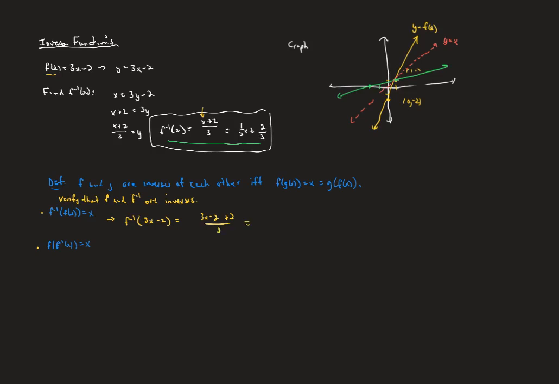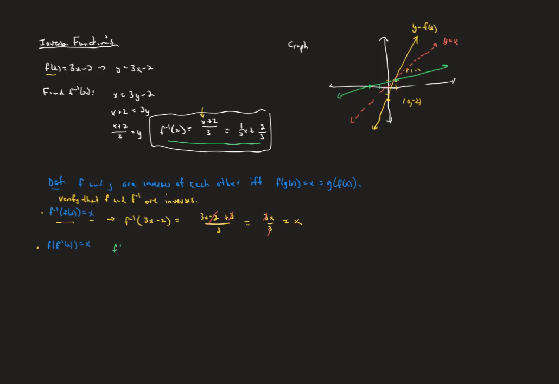Now we can cancel those 2's, and this is going to become 3x over 3. And then we can cancel the 3's, and we do in fact get x. So f inverse of f of x is indeed equal to x.